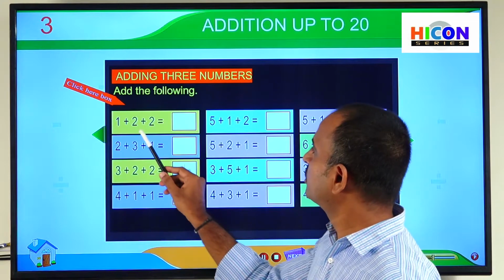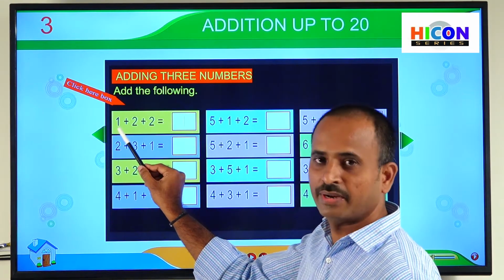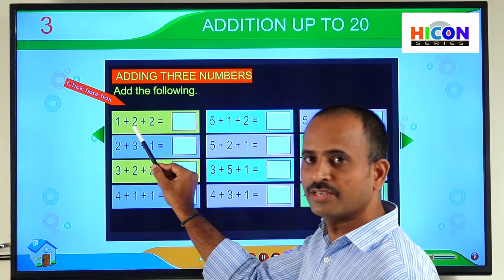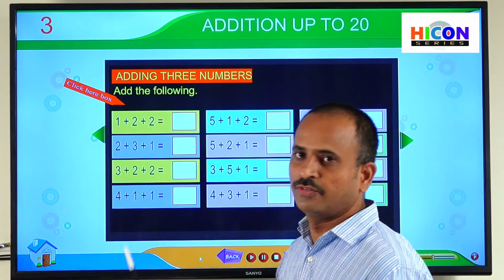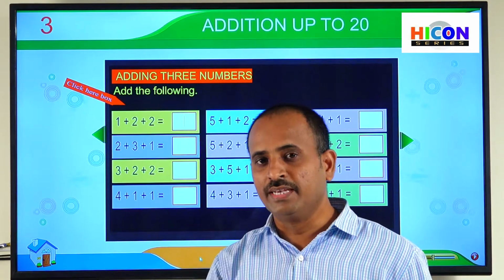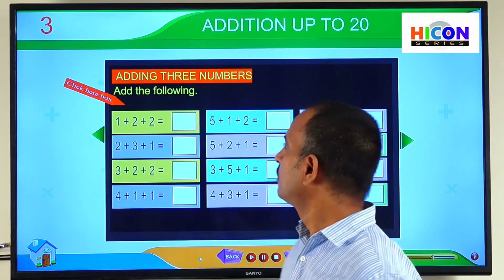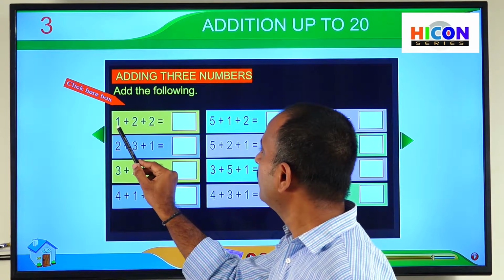So see the first addition. So here there are three numbers given. The first number is 1, second number is 2, third number is 2. So first we have to add two numbers and the sum is added to the third number. So first add the two numbers. Here the first two numbers are 1 and 2.